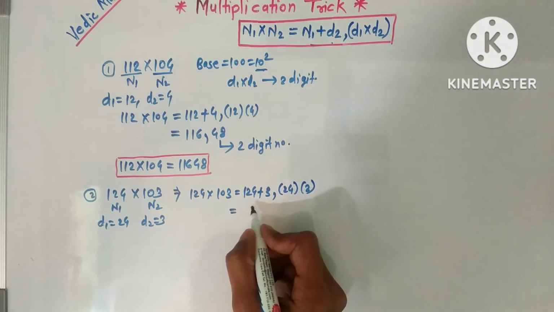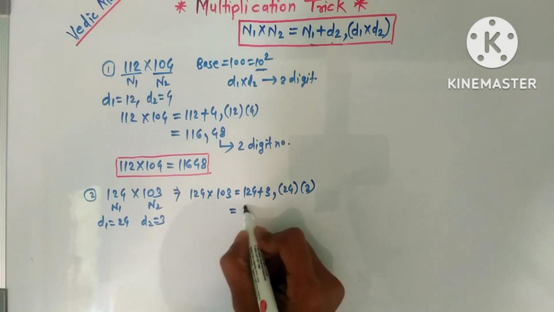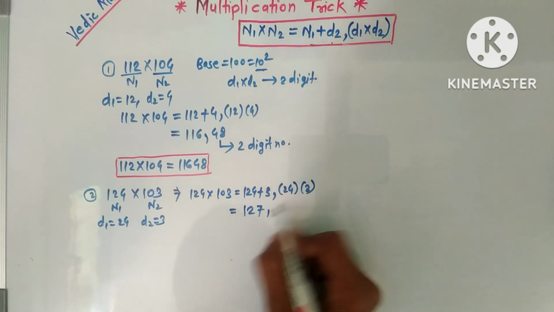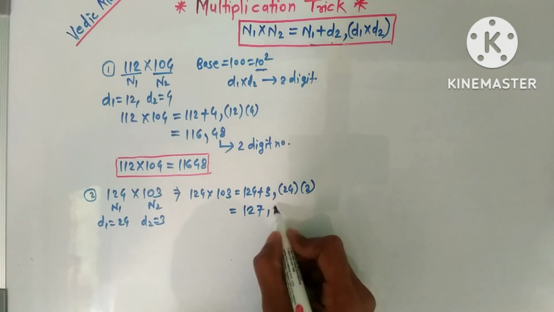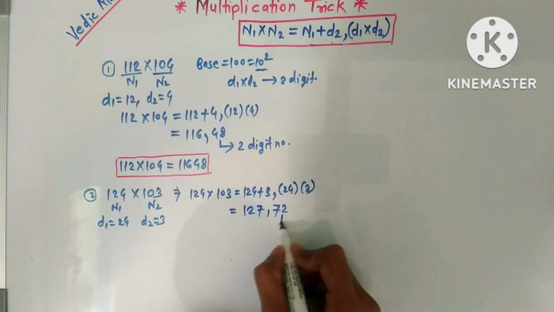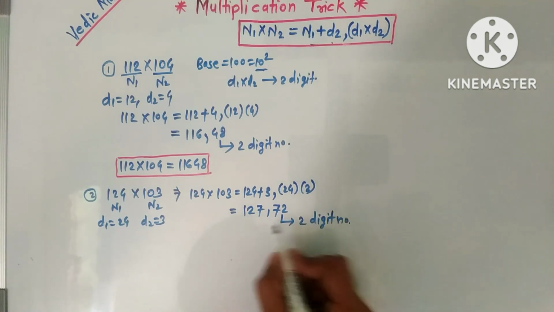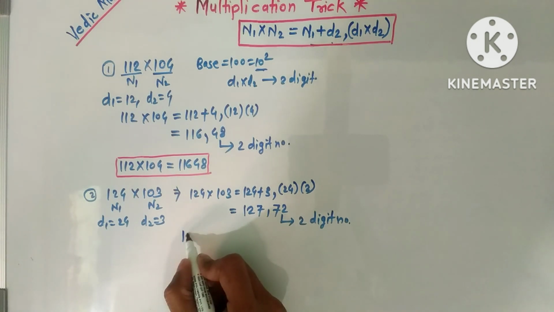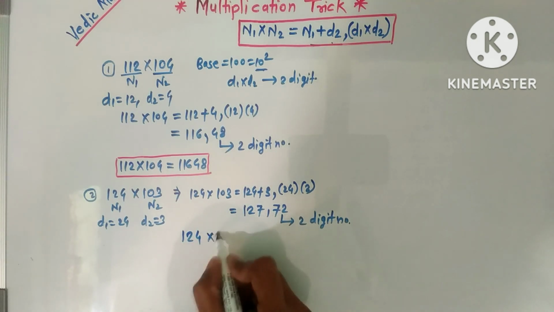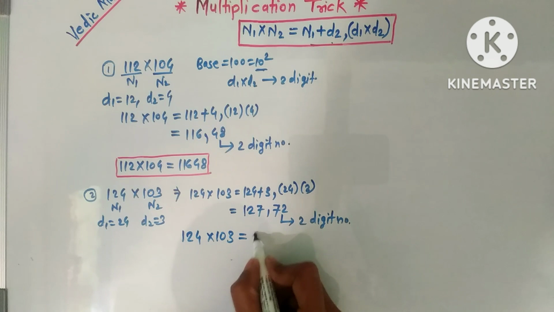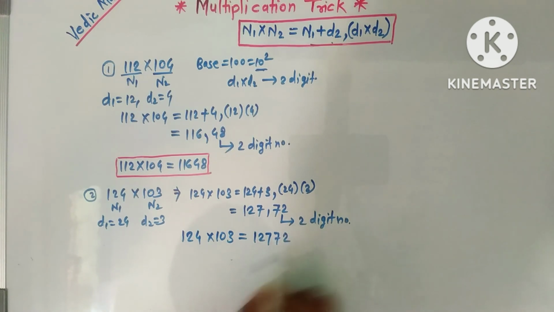See, 124 plus 3 means 127, comma, 24 into 3, what is the multiplication here? 72. That is already a 2-digit number, so no need to adjust it. So our final answer is 124 into 103, which is equal to 12772. So this is our final answer.